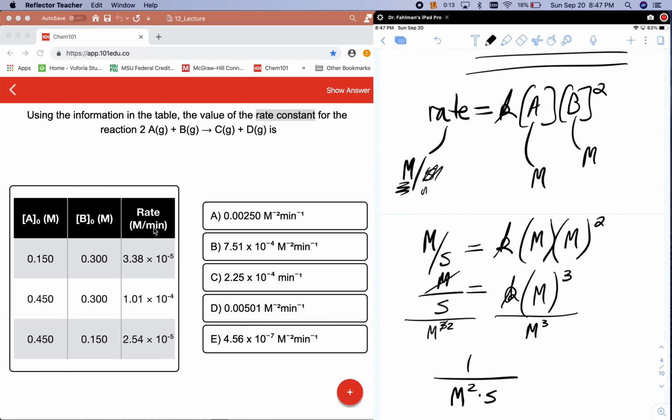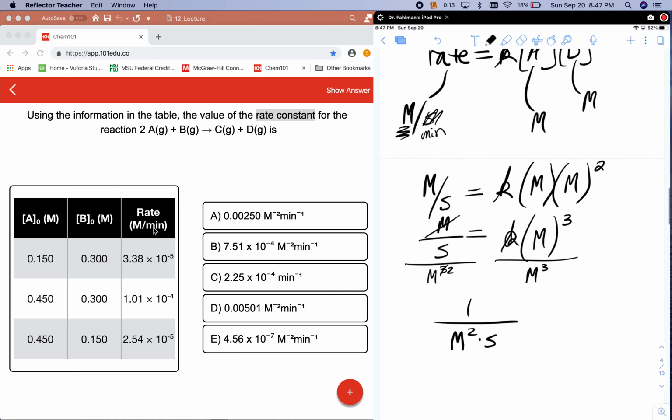If this were minutes, then it's concentration per minute, and that is equal to the rate constant. So this is 1 over M squared times a unit of time. That's something we're going to talk about a bit later today.